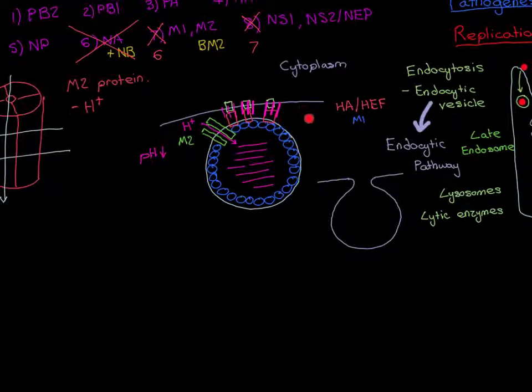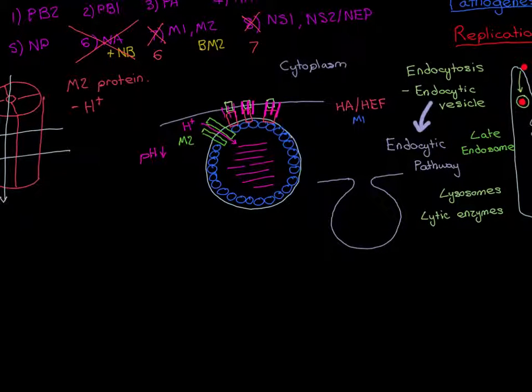Not just does it go down around the virus, but it's also going to go down inside the virus, and this means that proteins are going to change conformation in the inside of the virus. In particular, the M1 proteins are going to start changing conformation, and this causes the M1 proteins of the M1 matrix here to start falling apart. So the matrix starts breaking down, the shell starts breaking down.